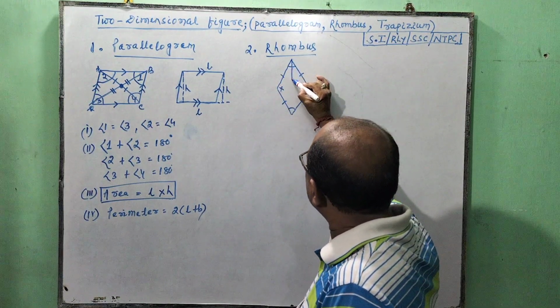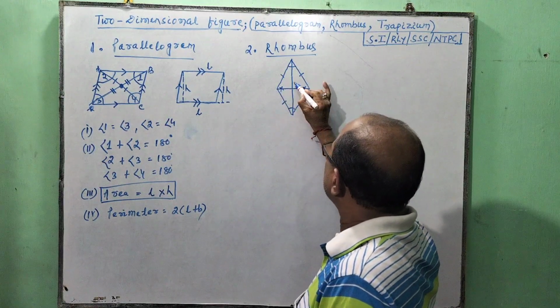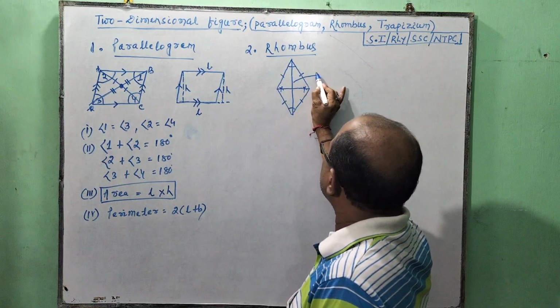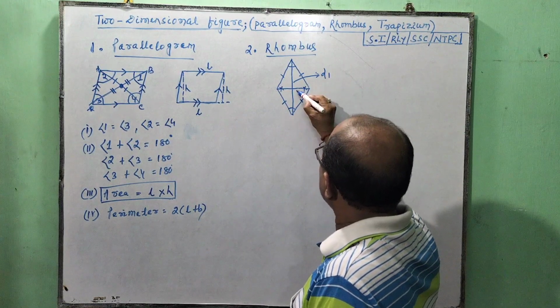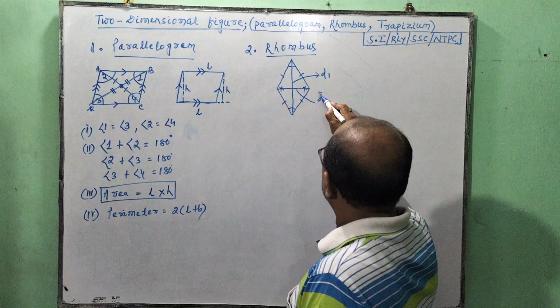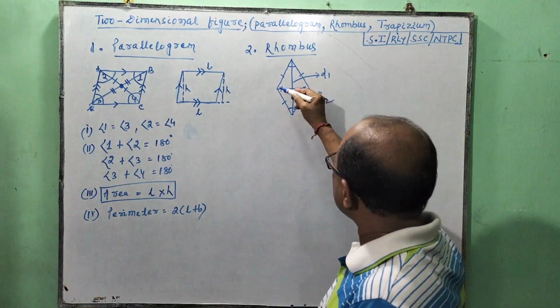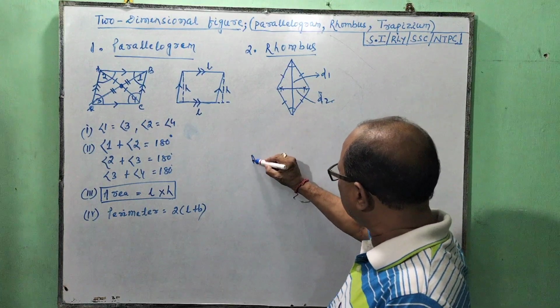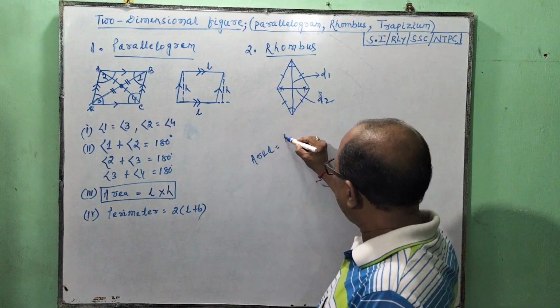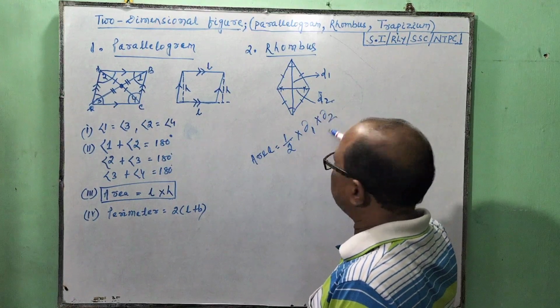There are two diagonals here. One is this, one is this. Suppose this diagonal is D1. Suppose this diagonal is D2. So, in case of the rhombus, the area is equal to half of D1 into D2.